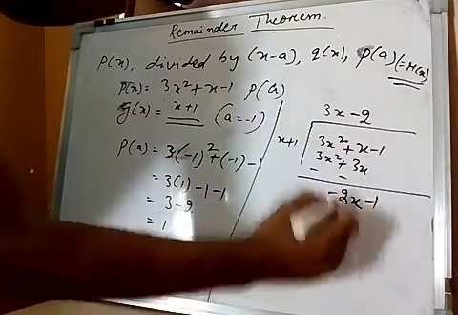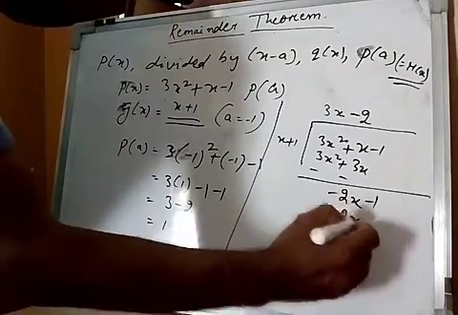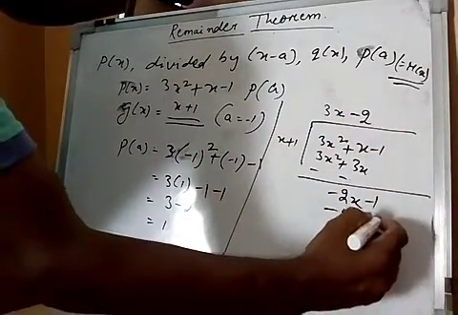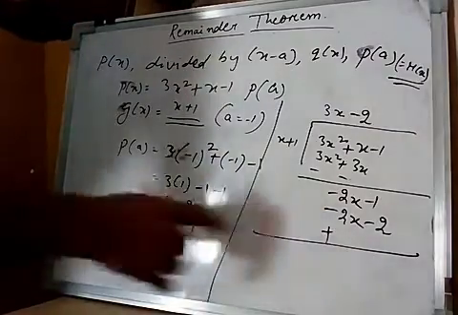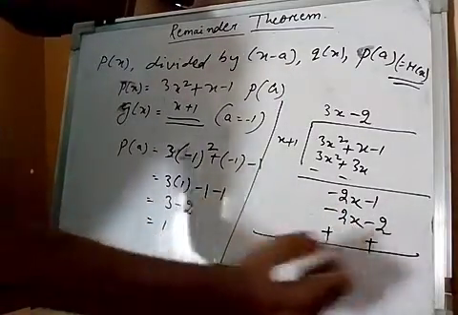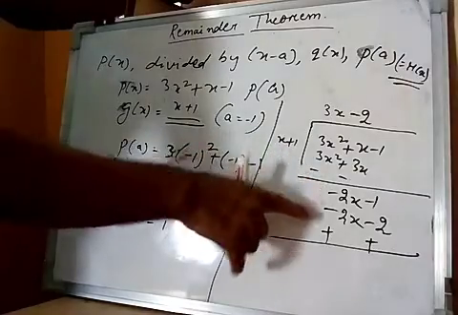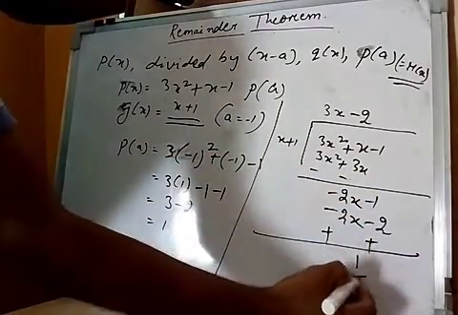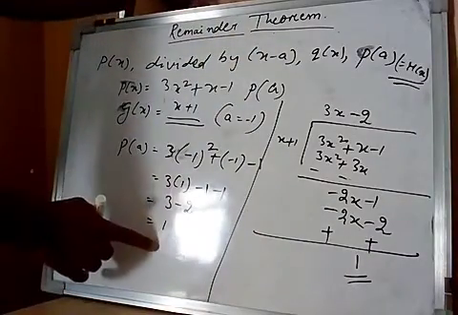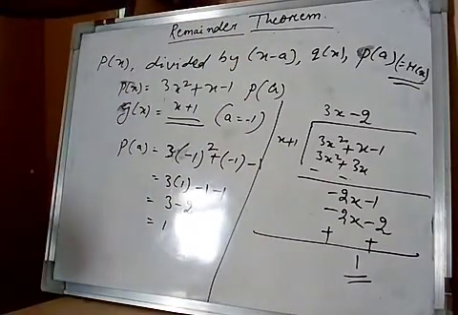Minus 2 into x, 2x; minus 2 ones are 2, minus will become plus of the second polynomial. Now minus 2x plus 2x is 0, minus 1 plus 2, 1 is the remainder, and here also 1 is the remainder, that we have taken as p of a.